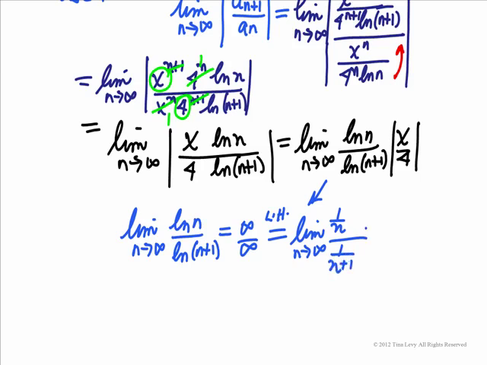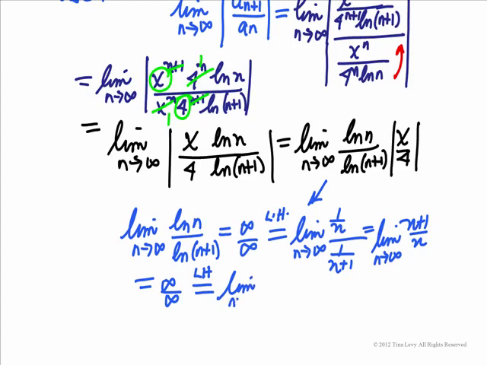And this becomes the limit as n approaches infinity of (n+1) over n, which is infinity over infinity. And again, L'Hopital's rule: the derivative of n+1 is 1, the derivative of n is 1, the limit of a constant is 1. So I've just found that this limit is 1, so the limit is 1 times the absolute value of x over 4, and that is my L value.